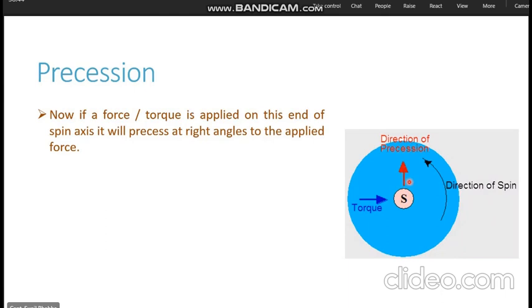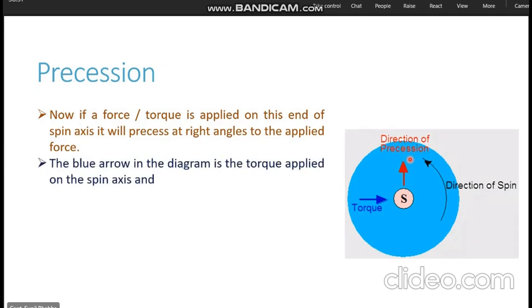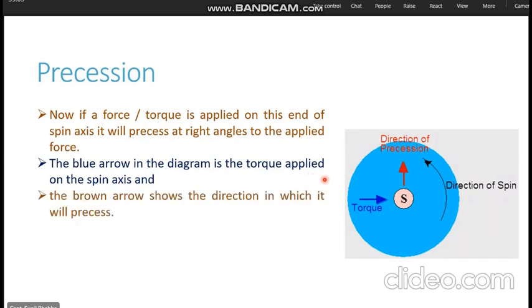So you see the red color arrow shows us the direction of motion of the south end of the spin axis, and this is the direction of precession. So the blue arrow in the diagram is the torque applied to the south end of the spin axis, and the red color arrow or the brown arrow shows the direction in which it will precess.